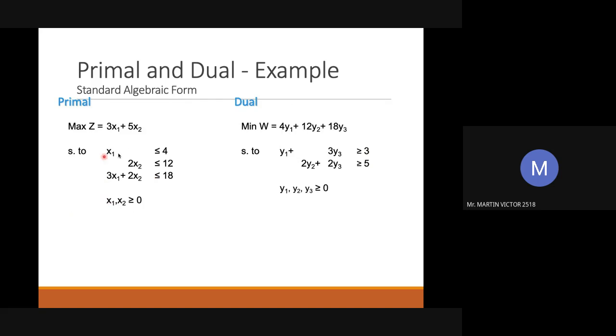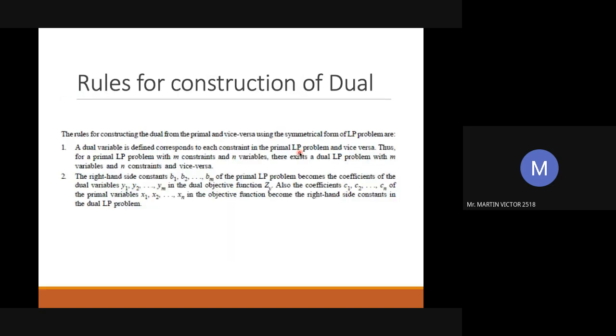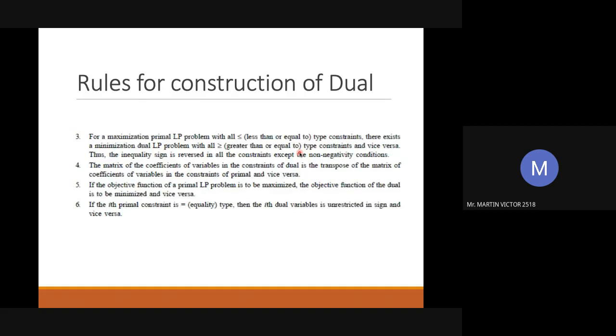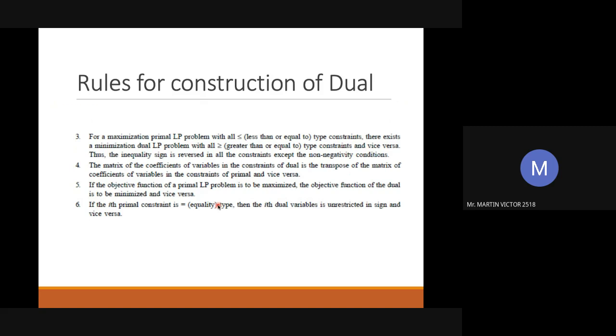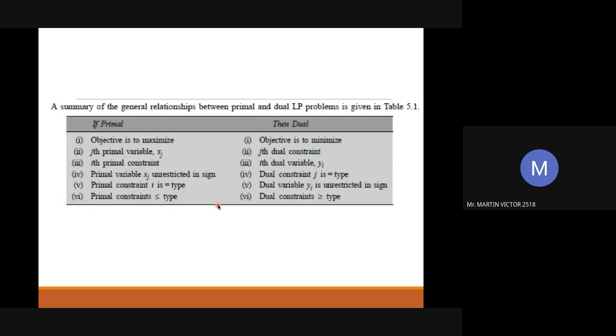Then inside the constraints, all the values which are column-wise are taken row-wise in the dual. So that is the point we have to understand. Then please remember the rules for constructing this dual problem. Based on the rules, you can see all of them in one single table.